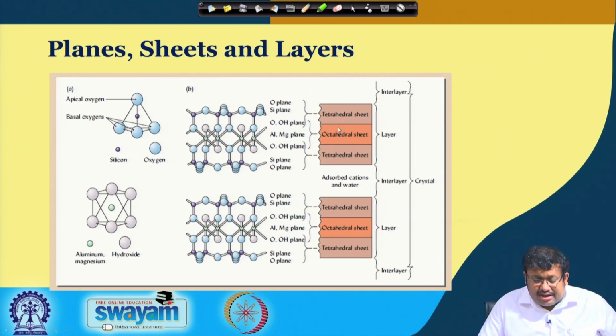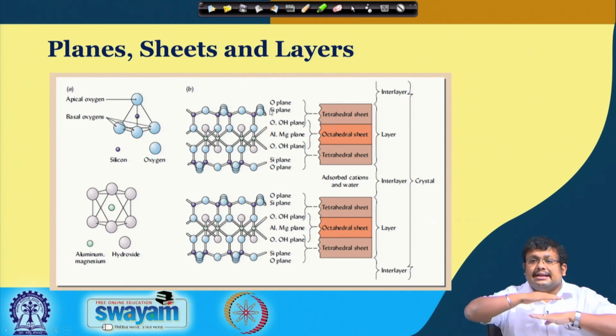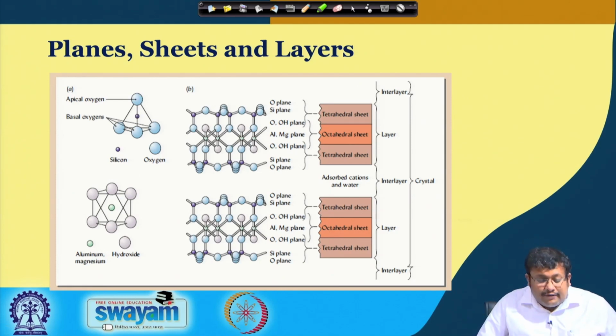Now, in the 2:1 type of structure, as you can see, this is a tetrahedral sheet. If you consider the tetrahedral sheet inverted, then obviously the basal anions will be the oxygen plane, followed by the silicon plane, which is the major cation, and the apical oxygen of each of these tetrahedra will be shared with the adjacent octahedral sheet.